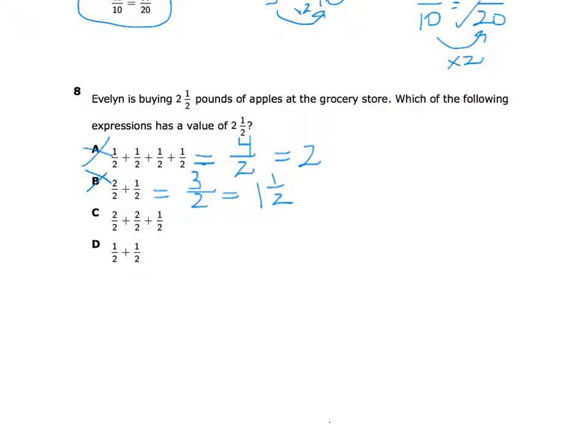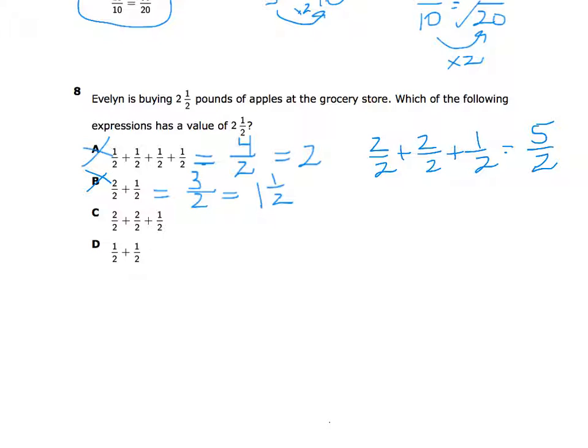Or letter C, if I add 2 halves plus 2 halves plus 1 half, the denominator is the same, and I get 2, 4, 5 halves. Again, I can use division to figure out my mixed number.